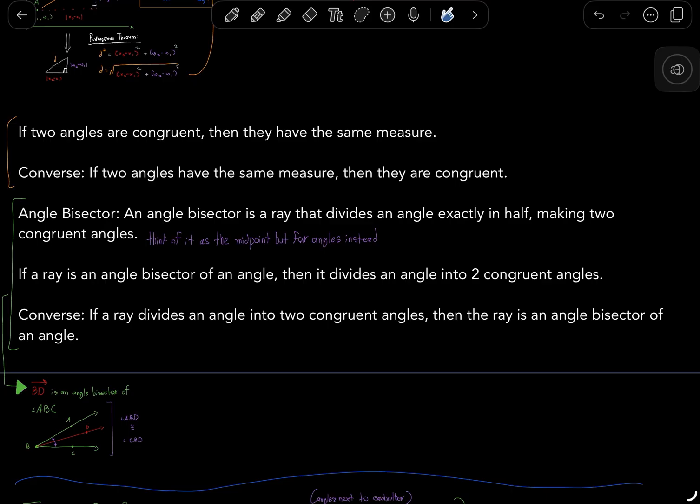Now, there's specific concepts you should know when dealing with angles, right? And the first major one that we're going to learn about is the angle bisector. So an angle bisector is essentially a ray that lies exactly between the two rays that form an angle. So it divides an angle, and as a result, it makes the resulting angles congruent to each other.